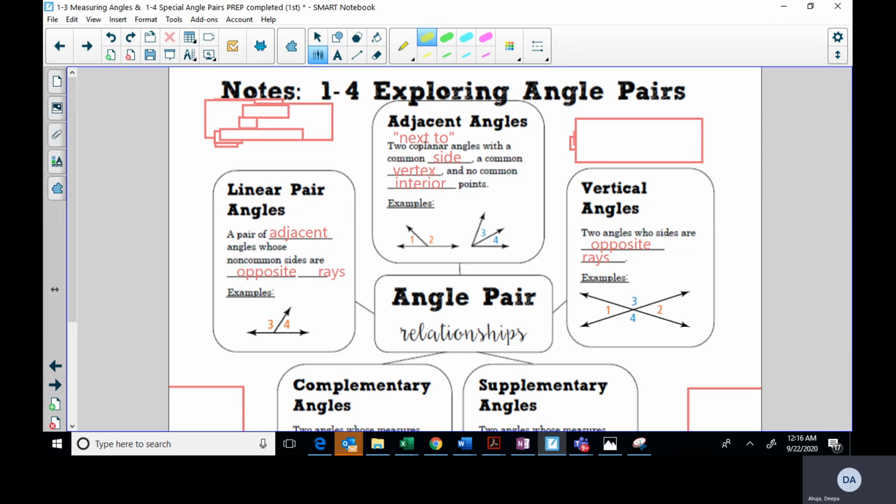What are adjacent angles? The word adjacent means next to. That means they are very next to each other. For example, let's draw an angle like this.